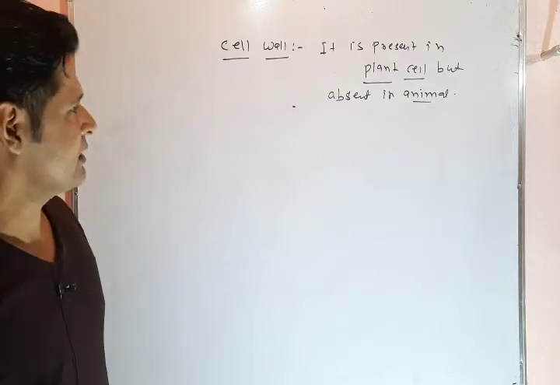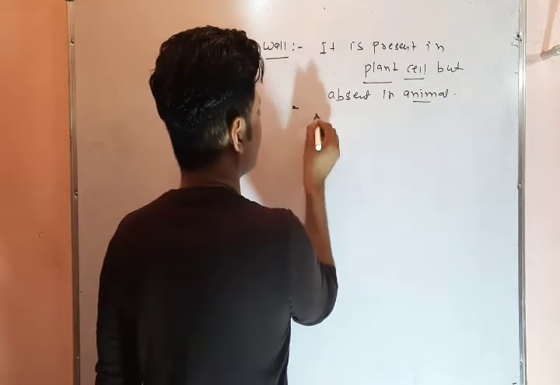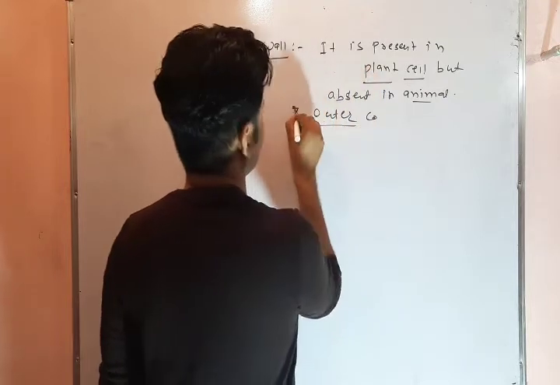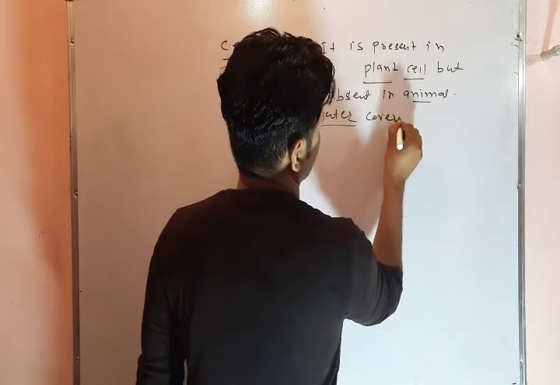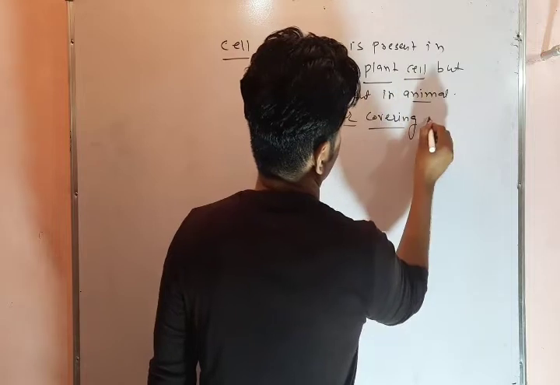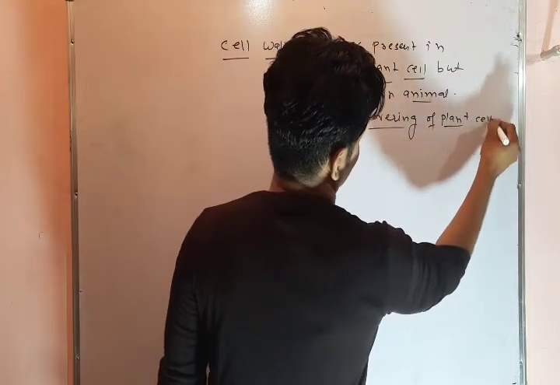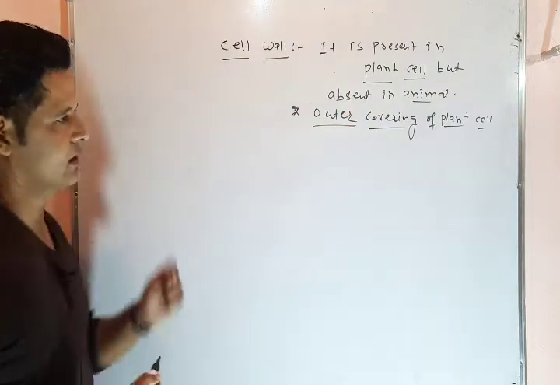You can say that this is the outer covering of plant cells. Okay, I think you got it.